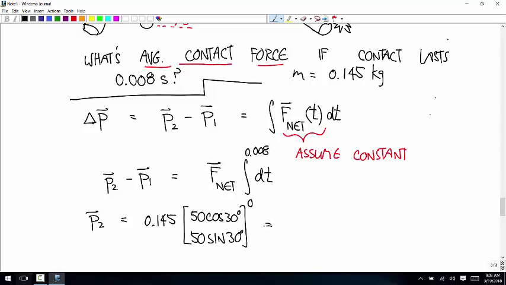And that gives 6.279 for the x component, 3.625 for the y component. These units are kilograms, meters per second.